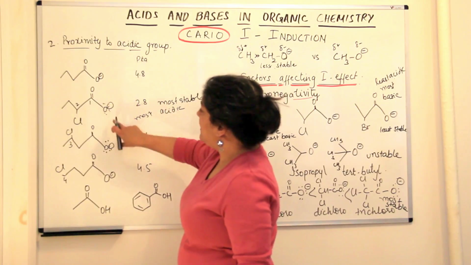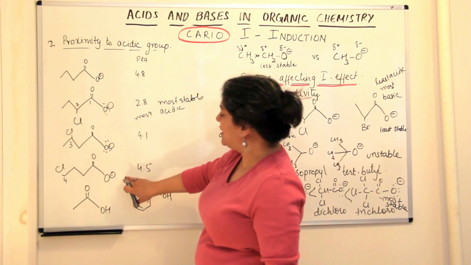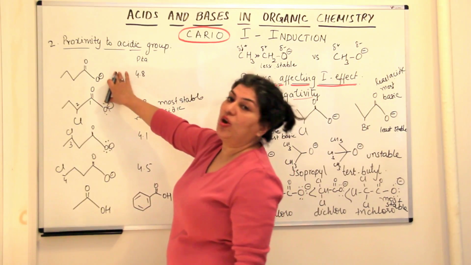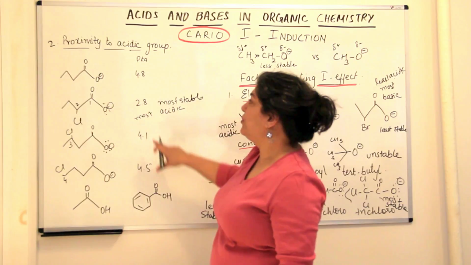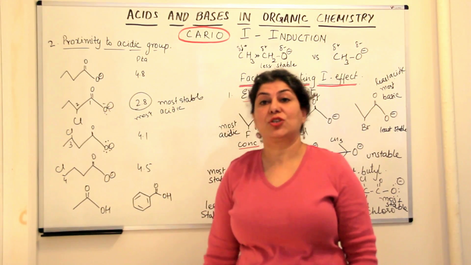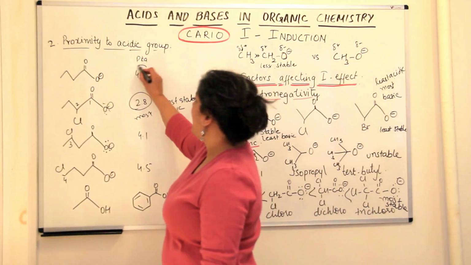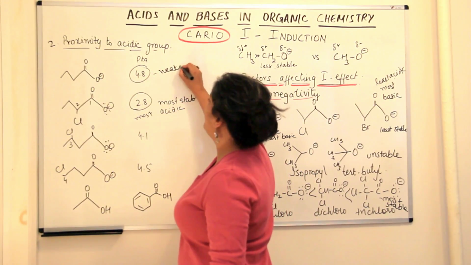So we see that this would be the most acidic, and out of the chloro derivatives, this is the least acidic, and since this does not have chlorine, this is the least acidic. And we notice the same from the pKa values. This has the lowest pKa value, which means it is the strongest acid, and this has the highest pKa value, which means it is the weakest acid out of these.